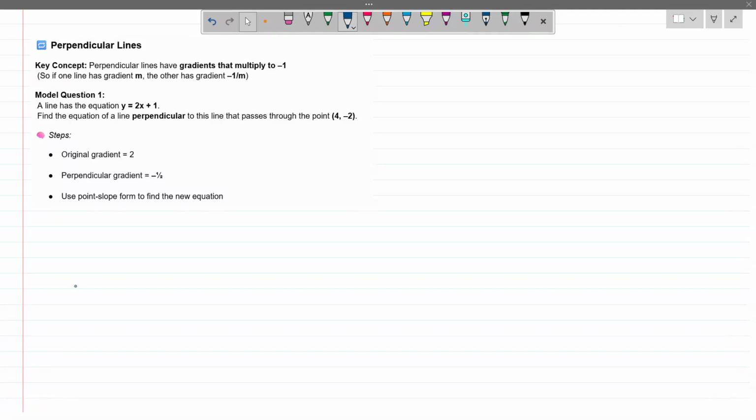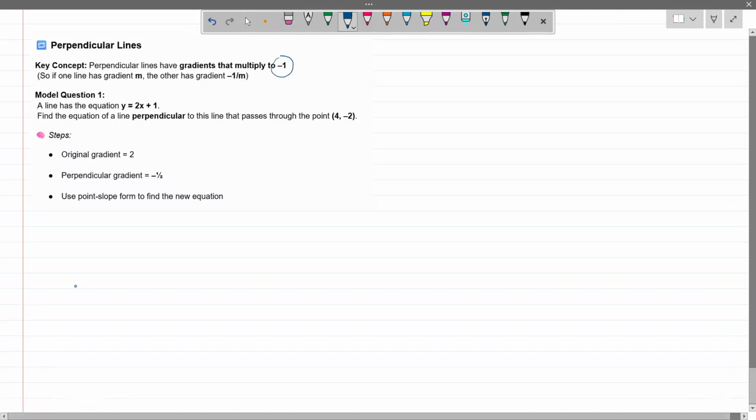Now, the key with perpendicular lines is that the product of the gradients must always give you a -1. That's kind of difficult to remember.